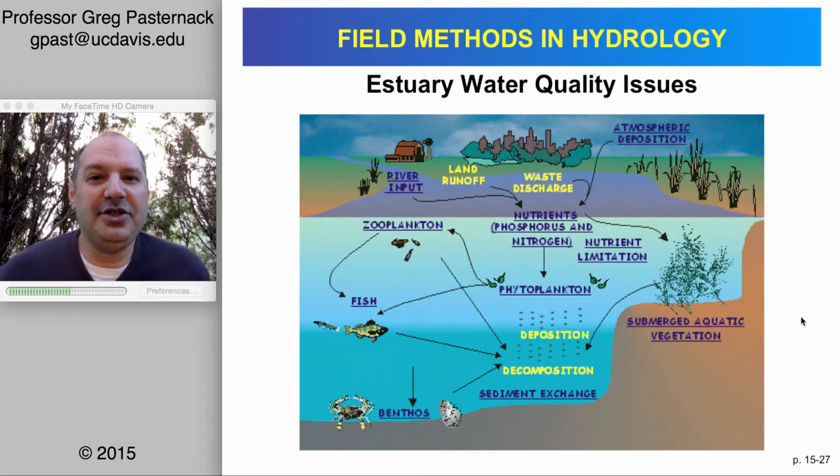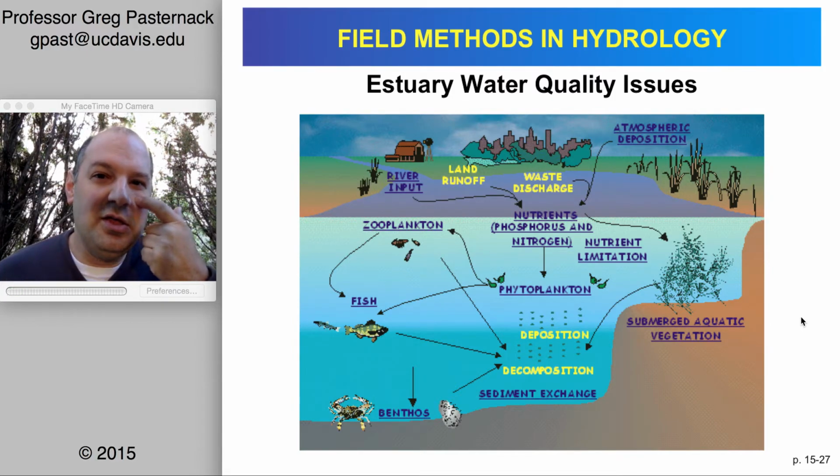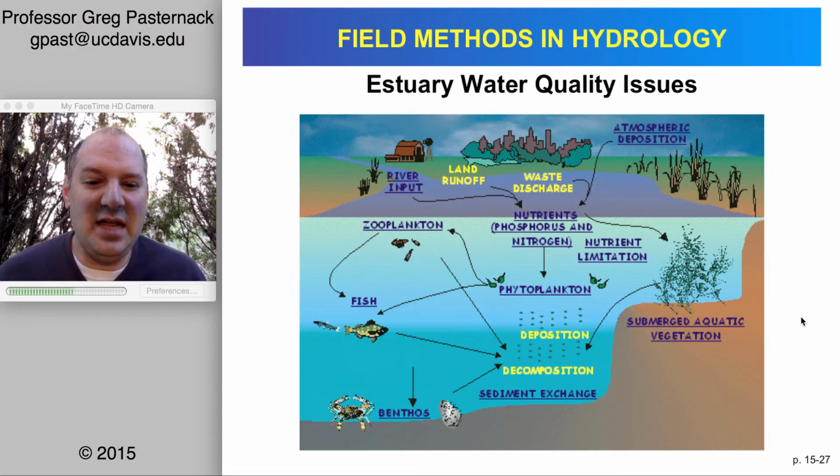Estuarine water quality issues are heavily influenced by the fact that human civilization is disproportionately in the coastal zone and around estuaries, taking advantage of the food and other industrial applications that can take advantage of the estuarine setting. So, of course, you're going to have a very complex regime of land runoff and municipal waste discharge right into the estuary.